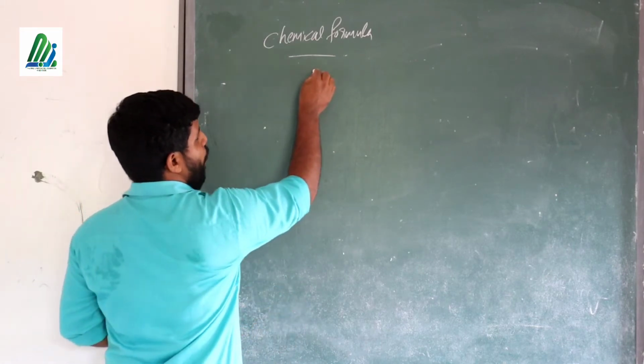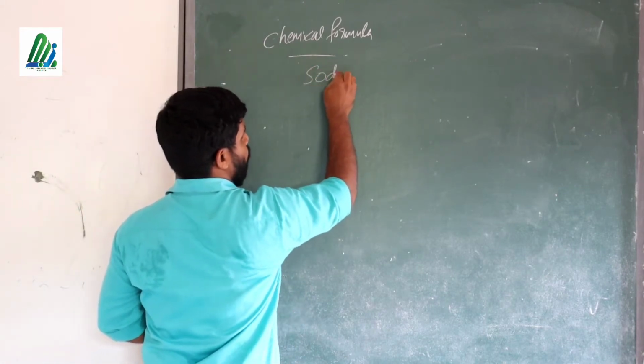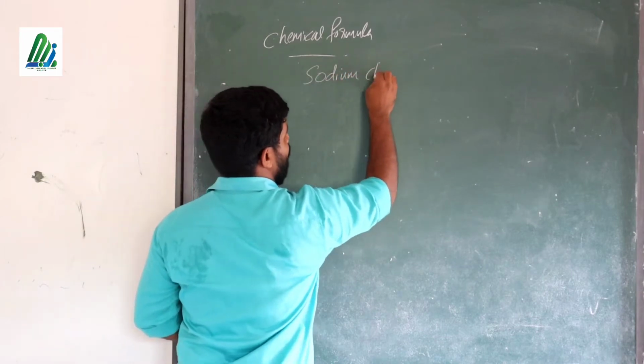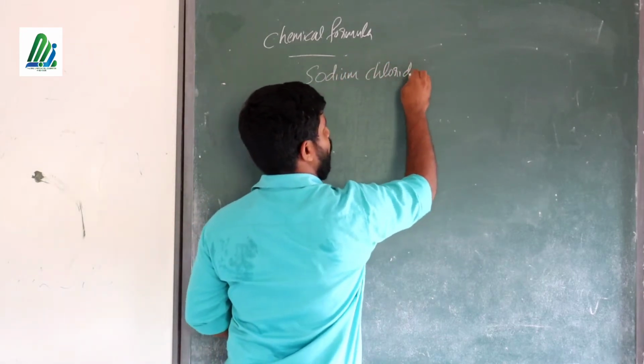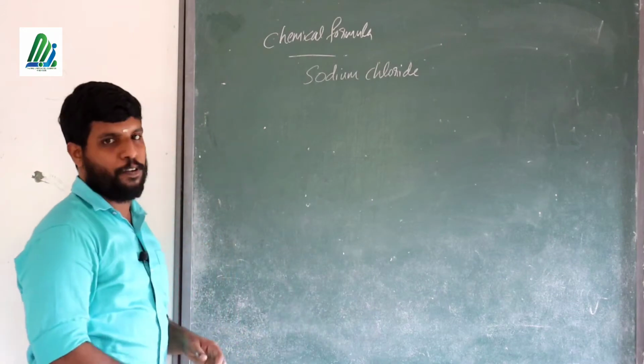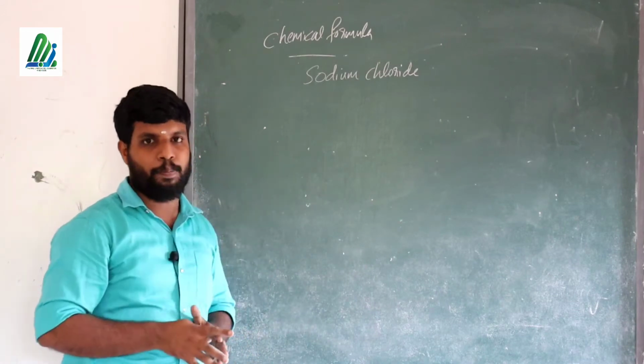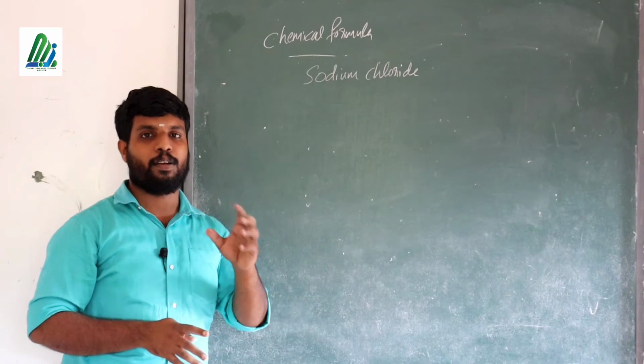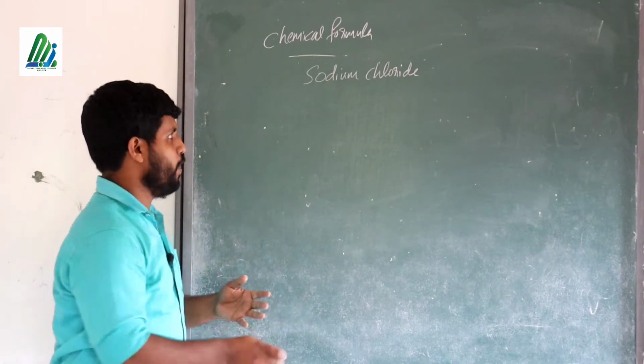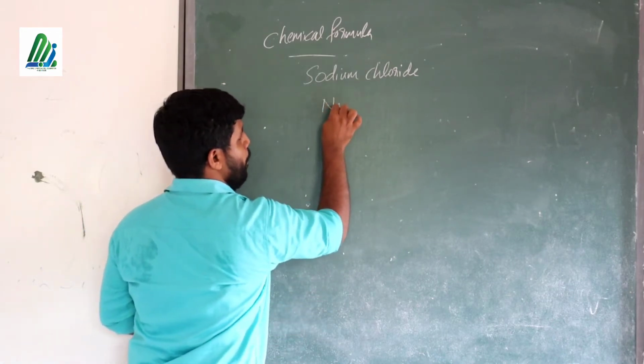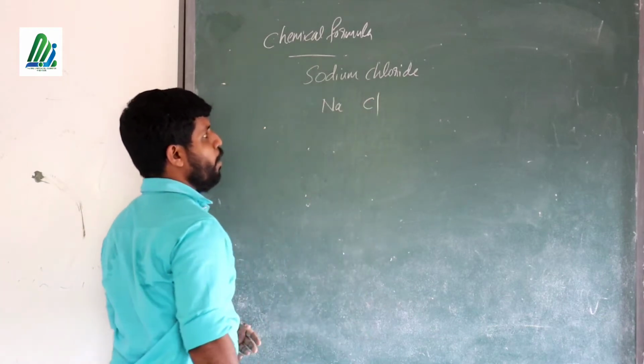So listen, we want to write the chemical formula of sodium chloride. The name sodium chloride includes two atoms: one atom of sodium and another of chlorine.